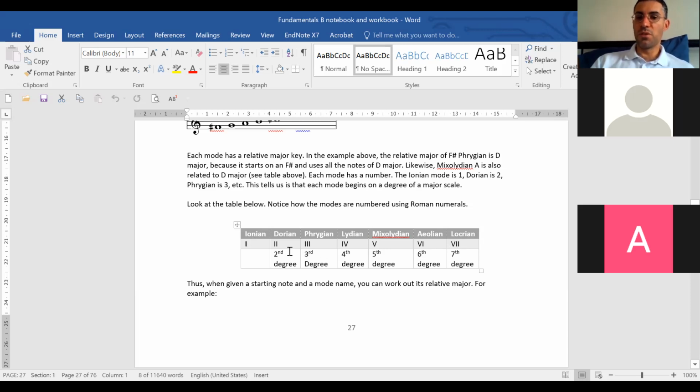So this is the first mode, second mode, third mode, fourth mode, fifth mode, sixth mode, seventh mode. And they're named according to the degree of the scale. So the Ionian is counted as the first degree, Dorian is second, Phrygian is third, Lydian is fourth, Mixolydian fifth, Aeolian sixth, and Locrian seventh.